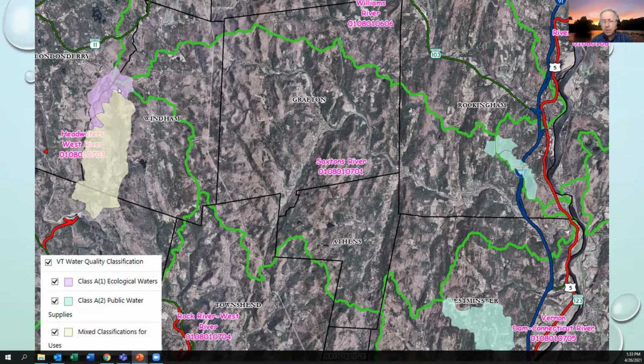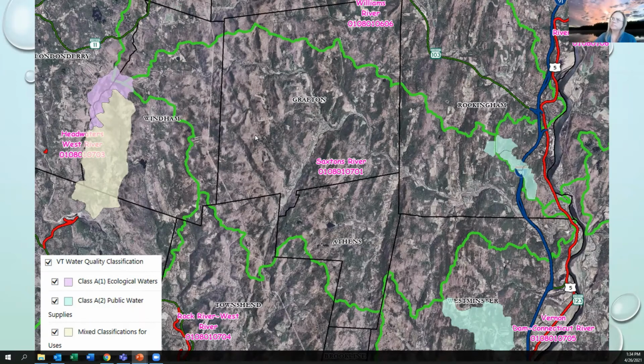Yeah, this is Peter. The headwaters of the Saxtons River are on Glebe Mountain. Oh, and so this is Magic Mountain right here. Yeah, right. So that's where it is. So that's A1 up in that one little part? Route 11, right, and this is Magic Mountain Ski Area.